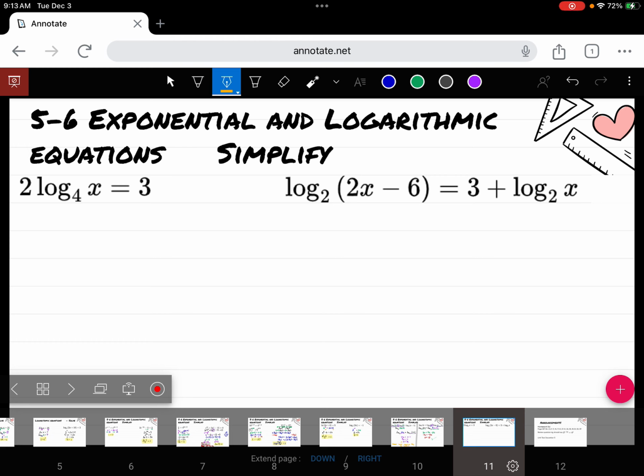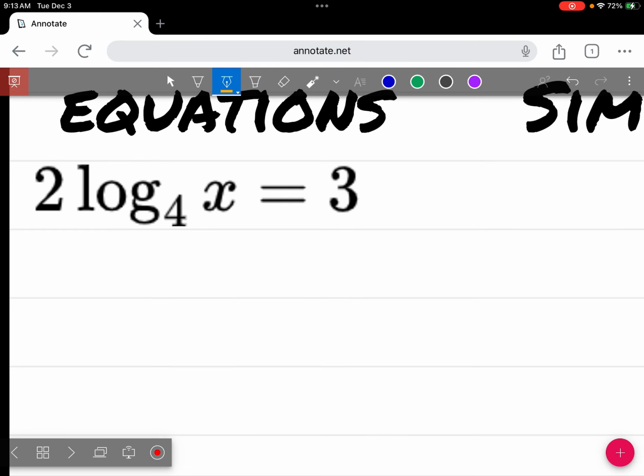So we have 2 log base 4 of x equals 3. And there's a couple of different options on this one. Depends on how comfortable we are with fractions. What should we do first on this one? Valid. We can absolutely divide by 2.